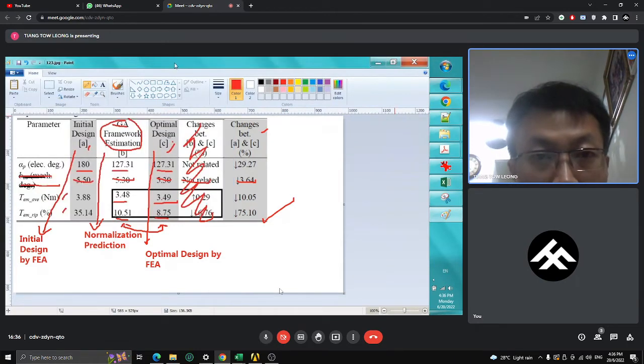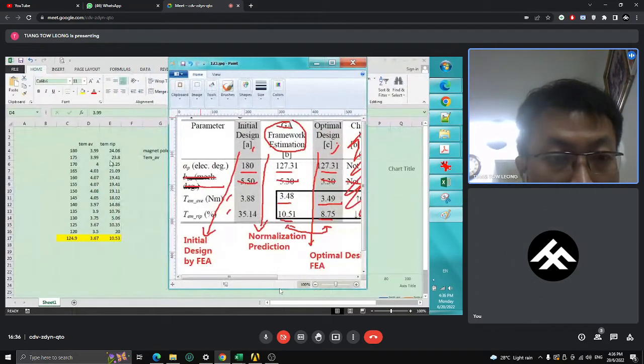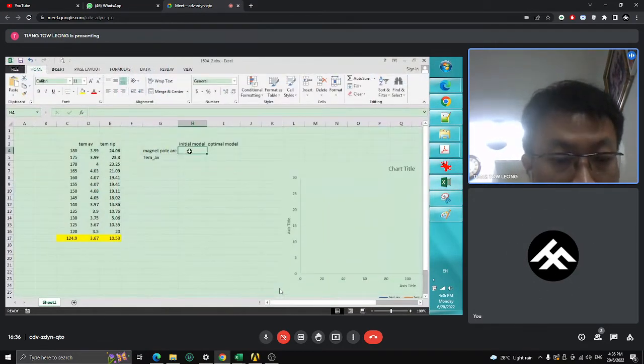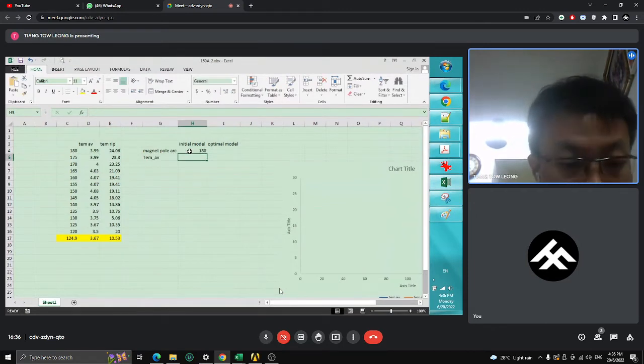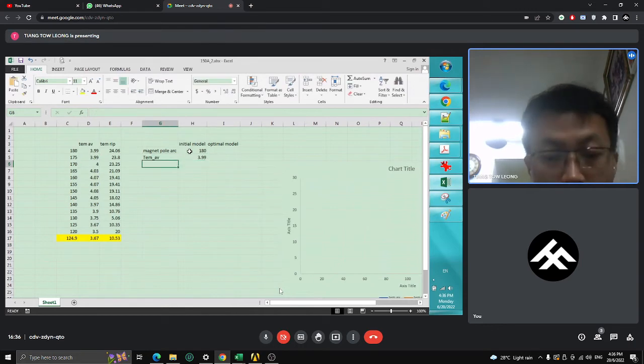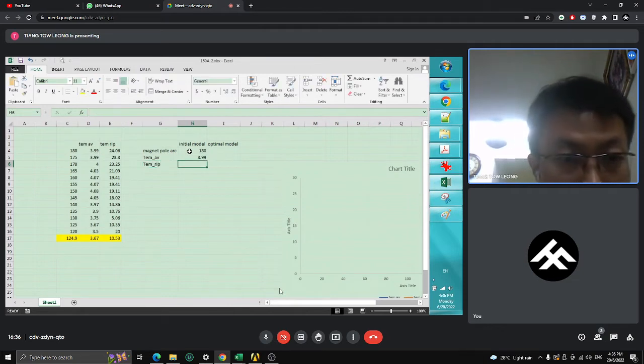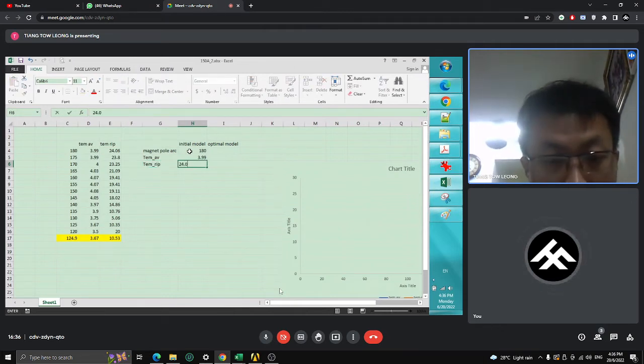Okay. So let's see what value we have. So this is 180. This is 180, right? This will be our initial model, 3.99, and then this is our GEN at Ripple, and it's about 24.06.